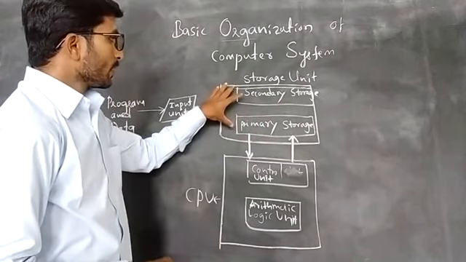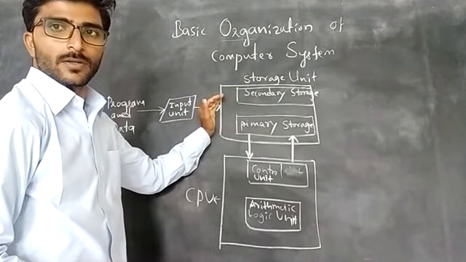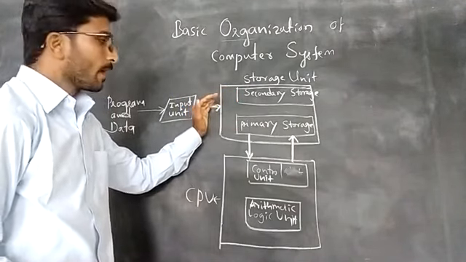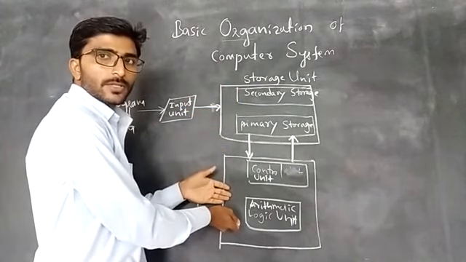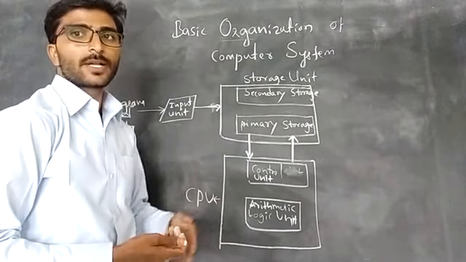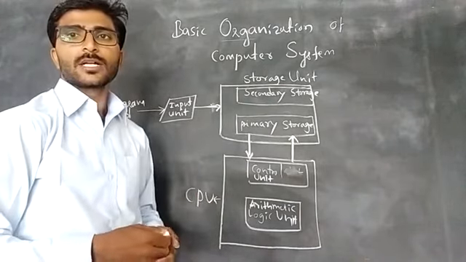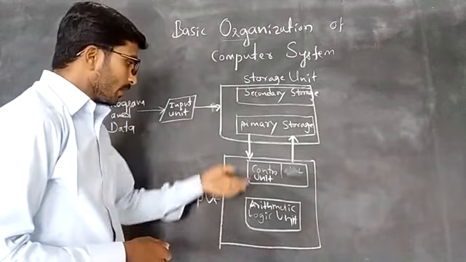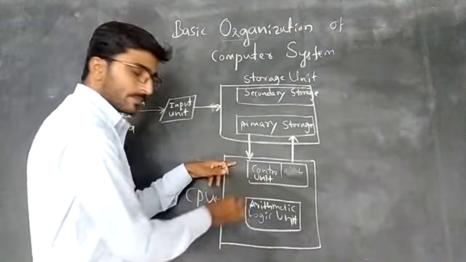In secondary and primary storage it can store or save the data and use the data for the CPU, or central processing unit, for further processing, such as addition of two numbers, arithmetic logic unit processing, comparison, equal to, and so on. It can access the data from the storage unit and control it.